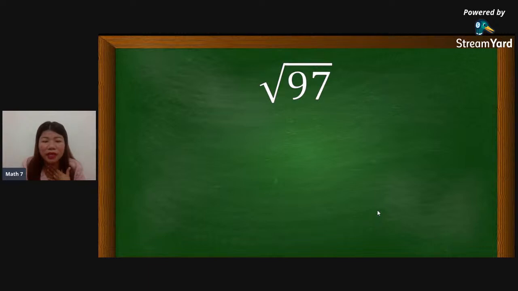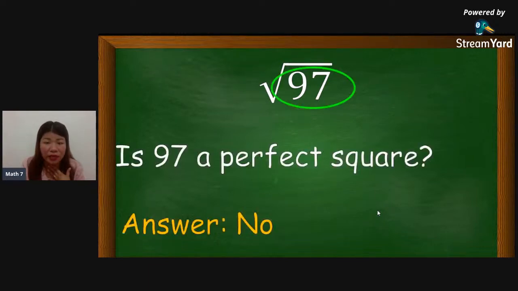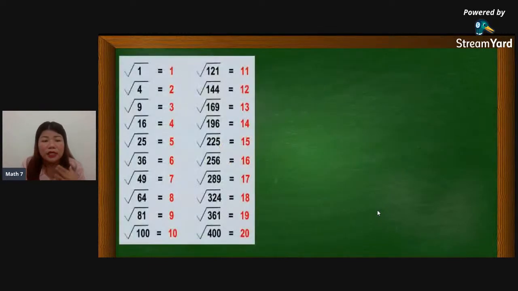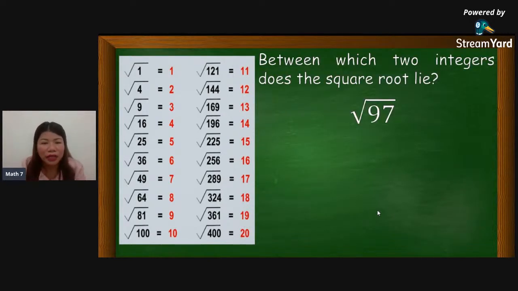Square root of 97, ito din ay hindi perfect square. Skip lang natin. Ipapakita ko lang sa inyo kung paano kunin yung dalawang consecutive number. Square root of 97, saan siya mas malapit?